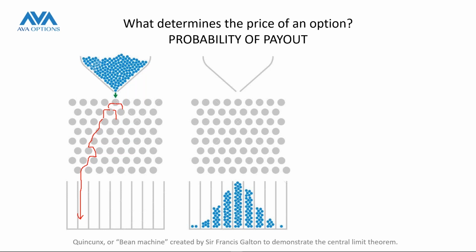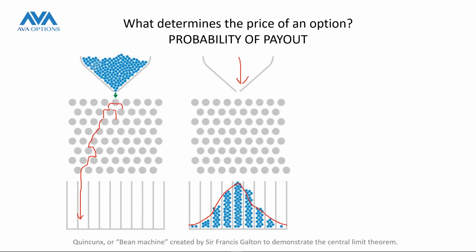Now, the chance of a ball every single time bouncing to the right is very small. The chance of it bouncing right and left an equal number of times is the highest. And what we end up with every single time we do this exercise, every time we put 1,000 balls down this chute, we're going to get this same result, which we can call a distribution.